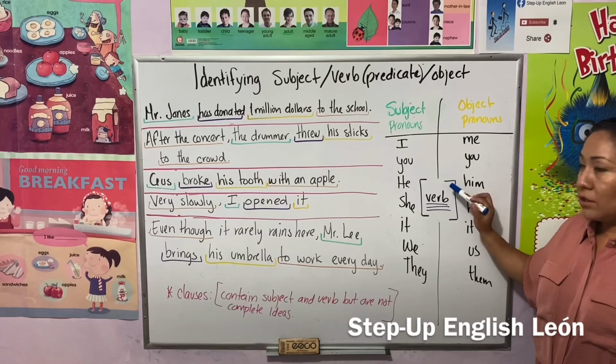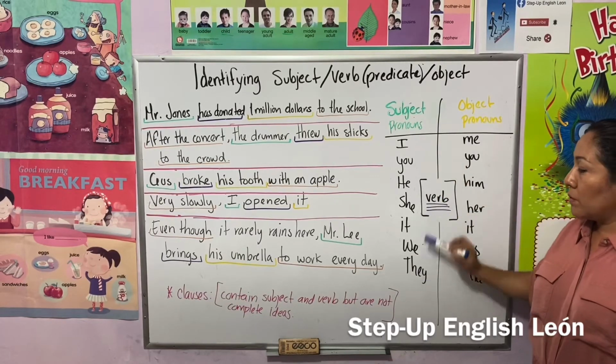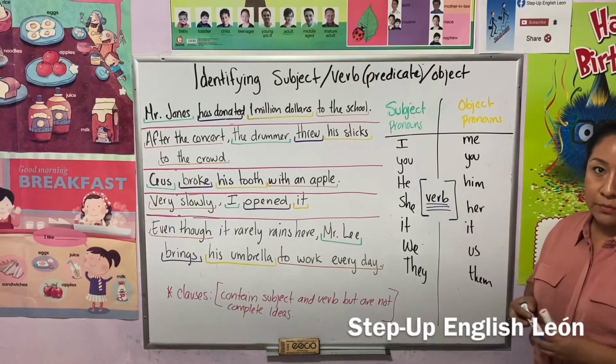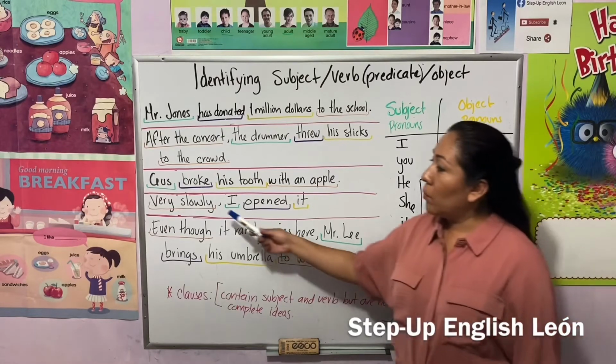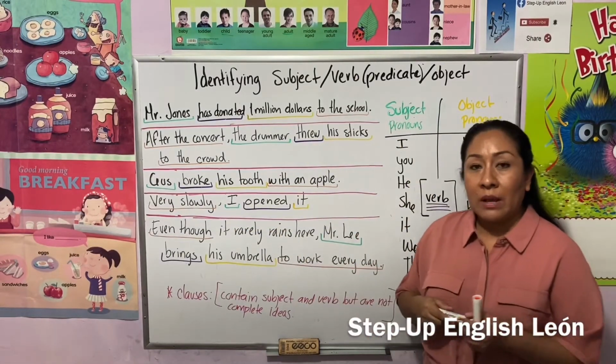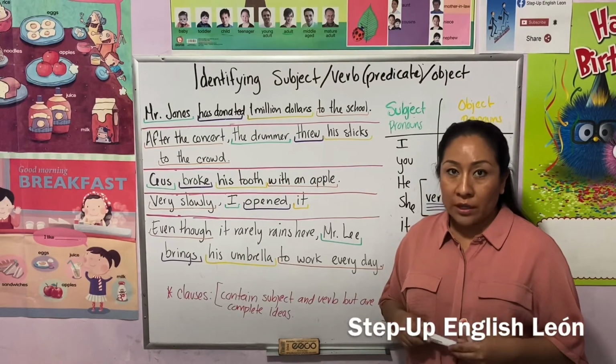So here, to make it a little bit easier to understand, subject pronouns go before the verb, object pronouns go after the verb, okay? So here, when I say very slowly, I opened it, remember that pronouns are used when I know who or what I am talking about.